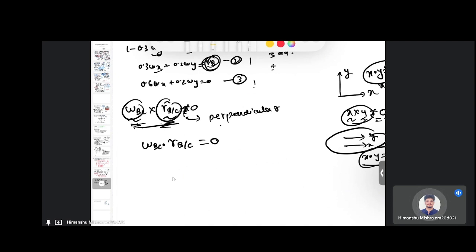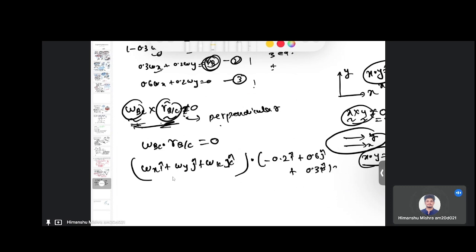So my omega BC is omega x i, omega y j, omega z k, dot with R_B with respect to C, which is minus 0.2i plus 0.6j plus 0.3k, equal to 0.